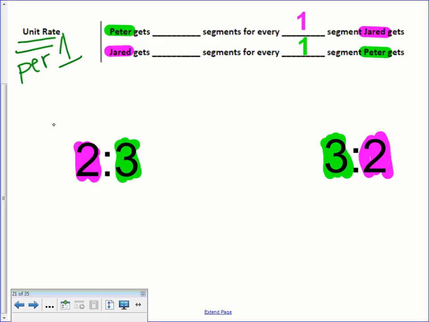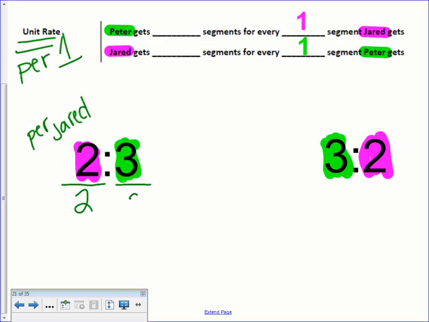Well, again, I'm looking for per Jared, or 1. How do I make the 2 a 1? Do I multiply or divide? Just like we did in the warm-up, we divide by 2.